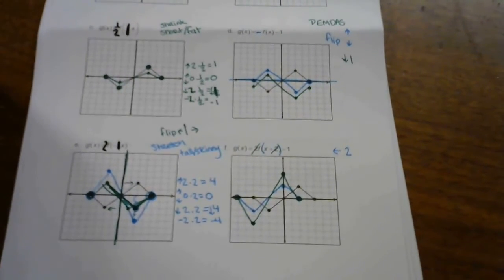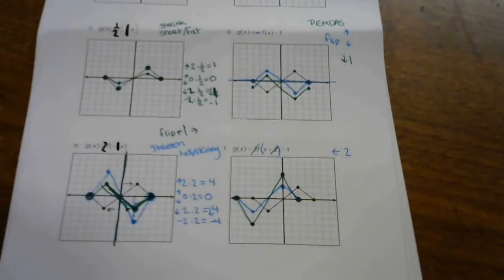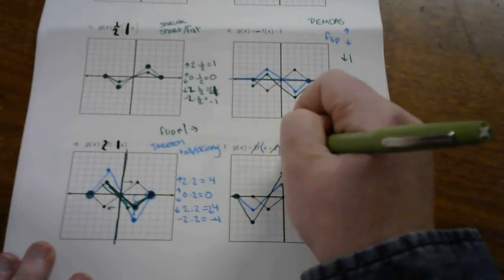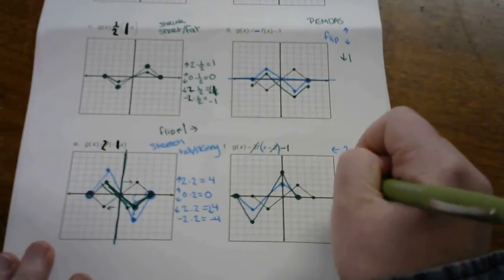Now I take my third color. My third color is going to move this down 1.